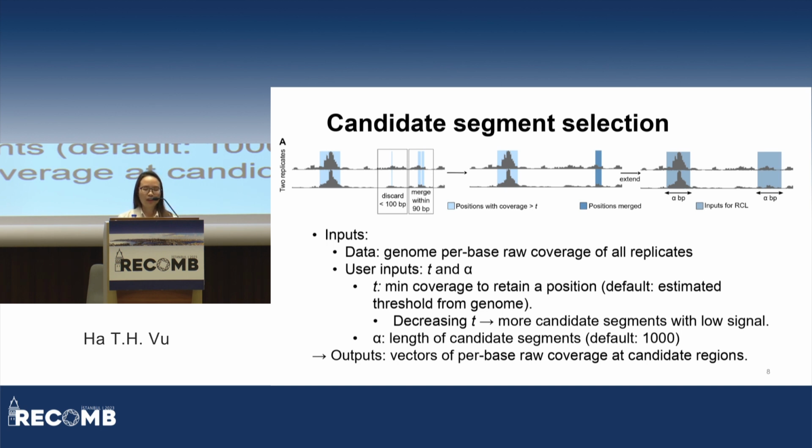Alpha defaults to 1,000. Among these two inputs, I want to highlight the importance of T. When we decrease T, we include more candidate segments with lower coverage data in the model training process. As the output of this step, we have vectors of per-base raw coverage at candidate regions.